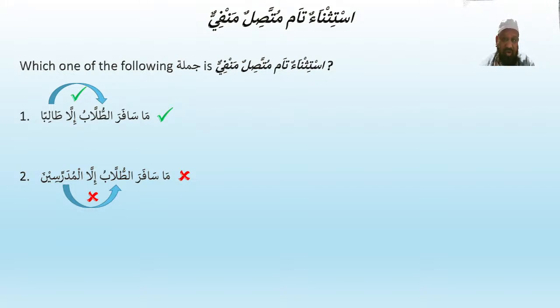If it's part of mustasna minhu, that is muttasil, attached, meaning both belong to each other. If mustasna is not part of mustasna minhu, like in the second example over here, that is called munqati'. Shall we move on?